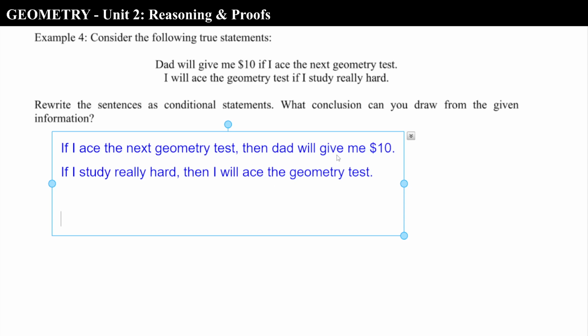Is the conclusion of the first the hypothesis of the second? Well, not in this order. But if we go around the other way, if I study really hard, then I will ace the geometry test. If I ace the next geometry test, then Dad will give me $10. We can come to the conclusion that if I study really hard, then Dad will give me $10.